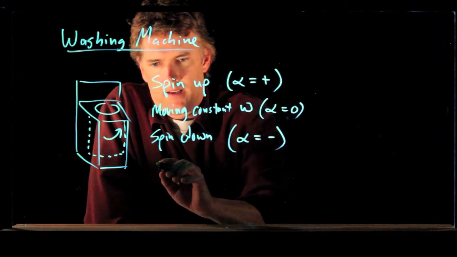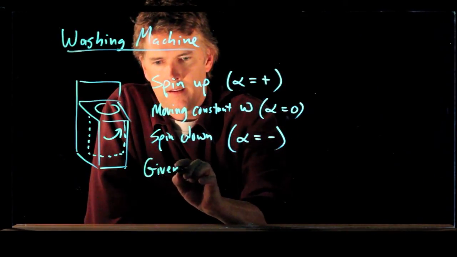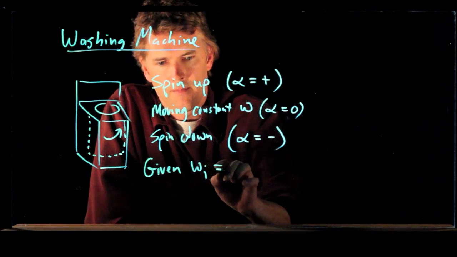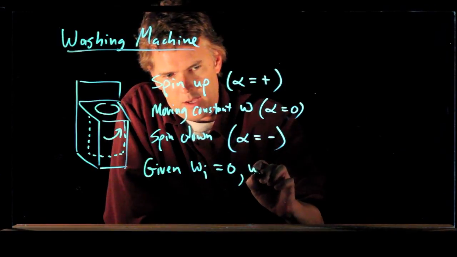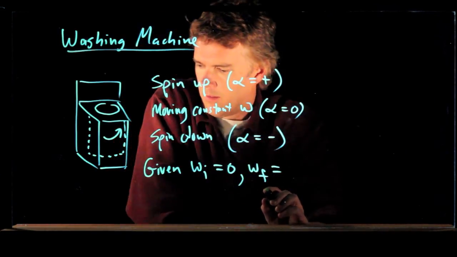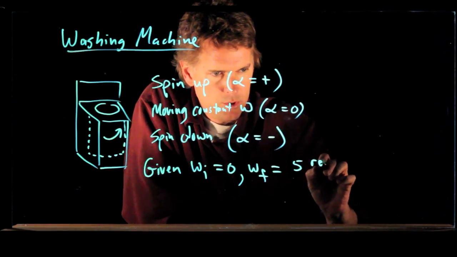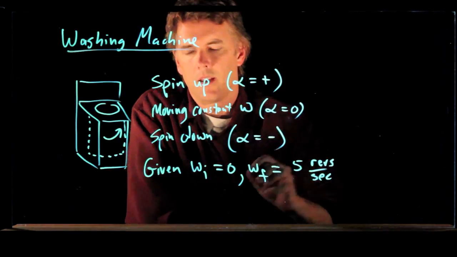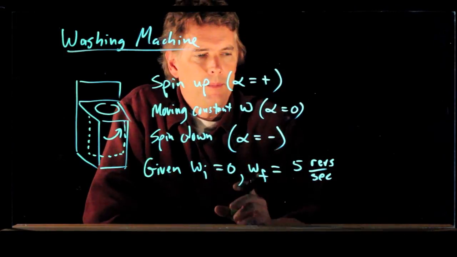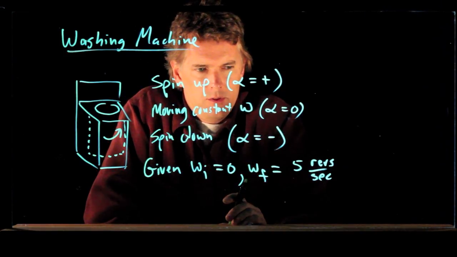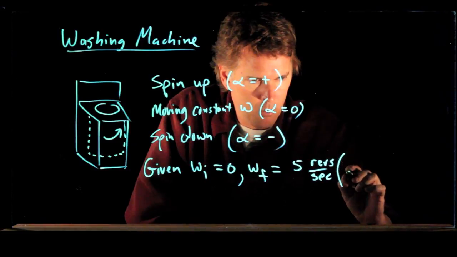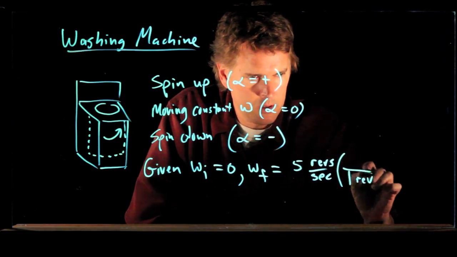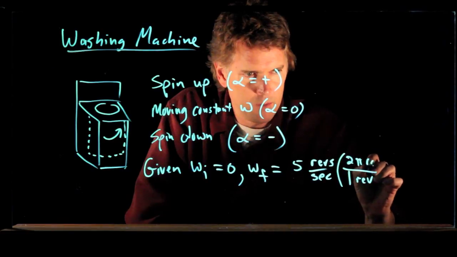Let's say that omega i on the way up is 0. And let's say that omega final is 5 revolutions per second, okay, while it's spinning up. 5 revolutions per second, that is not really the right units, but we can convert it to the right units because we know that 1 revolution is equal to 2 pi radians.